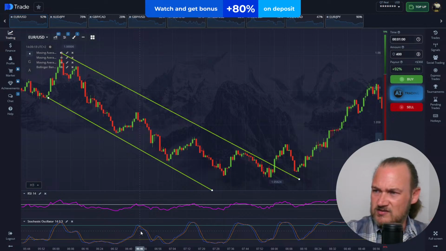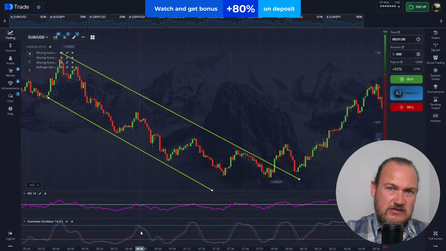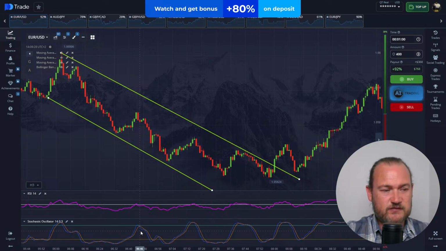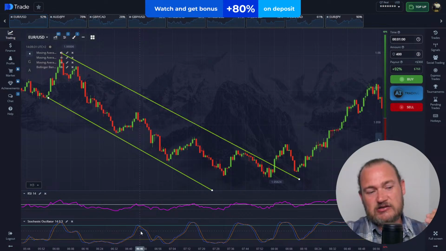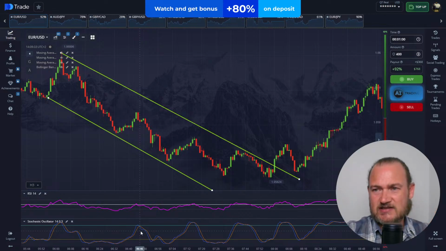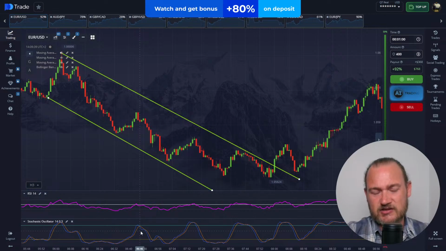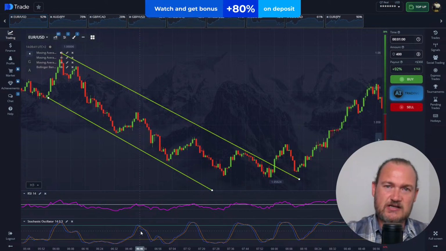If you have something that oscillates, you can use that to pick up divergence as well. So I'm using the RSI and the stochastic today because these are my 2 favorites. But there are people I know that prefer to use the CCI. I know there are people that use the MACD, for example. There's a bunch of other things you can use as well, as long as it oscillates.